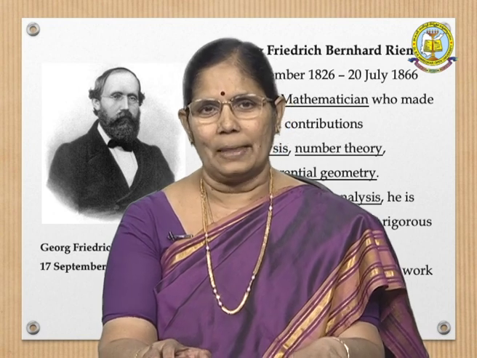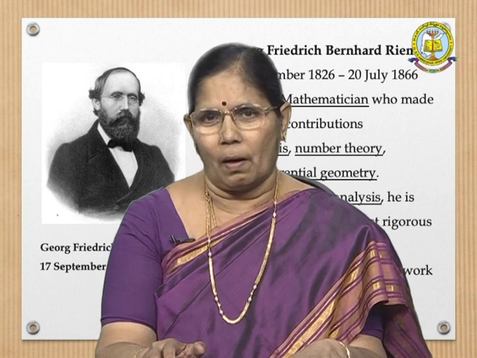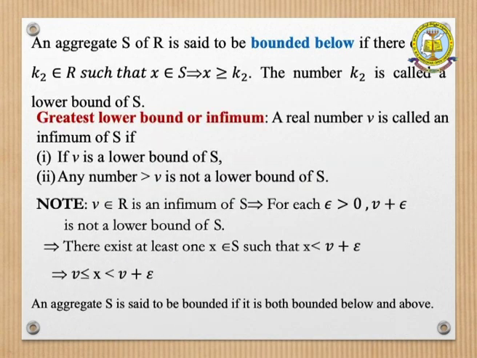Next, in a similar manner, we define the lower bound. We say that an aggregate S is said to be bounded below if there exists a real number k2 belongs to R such that x belongs to S implies x is greater than or equal to k2.